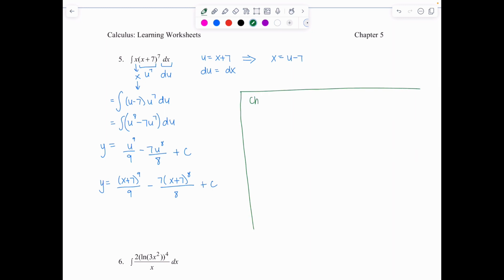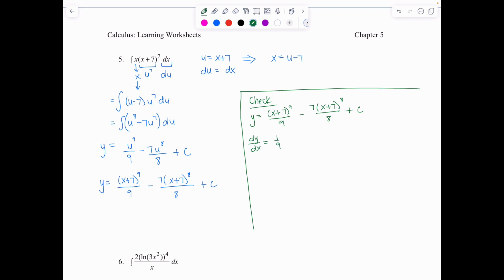Let's check it. If y equals (x plus 7) to the 9th over 9 minus 7 (x plus 7) to the 8th over 8 plus c, we take the derivative, dy dx. Then the derivative of the first, we'll have that 1/9.